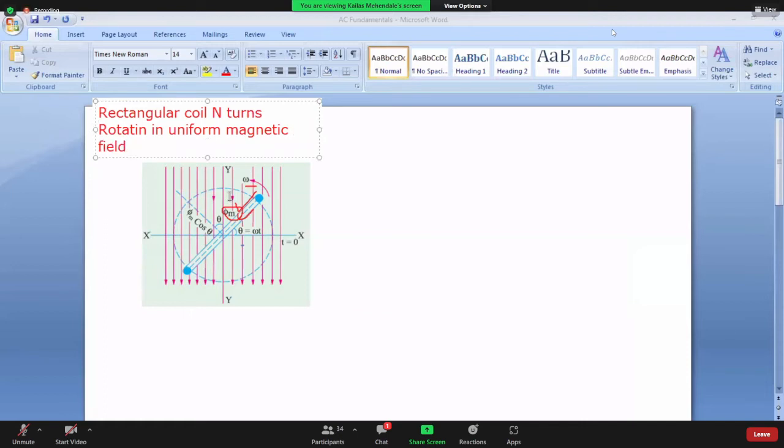Angular velocity is omega. So in time t, the coil rotates to an angle theta.